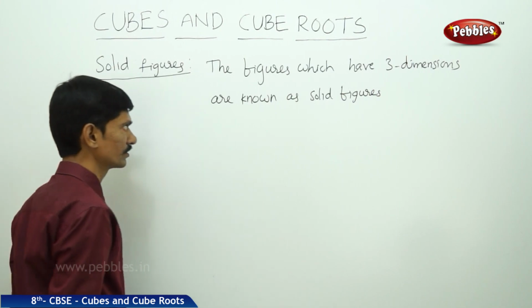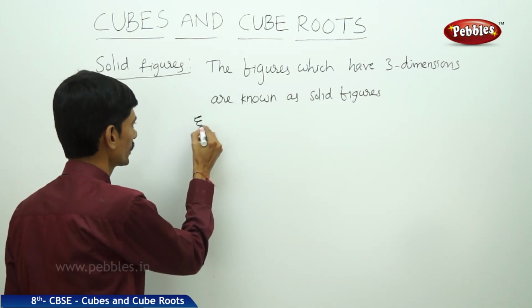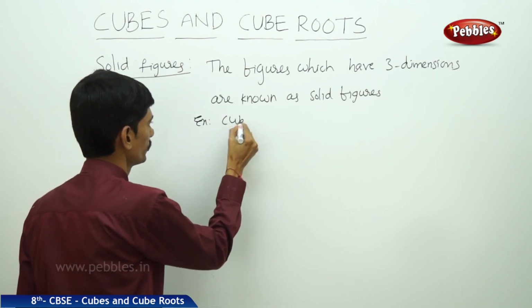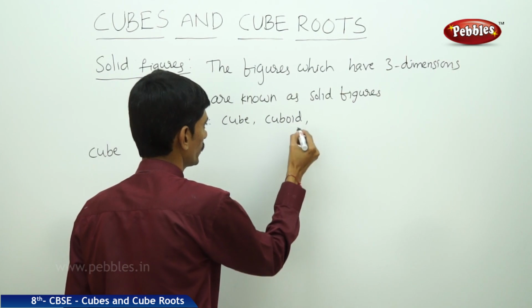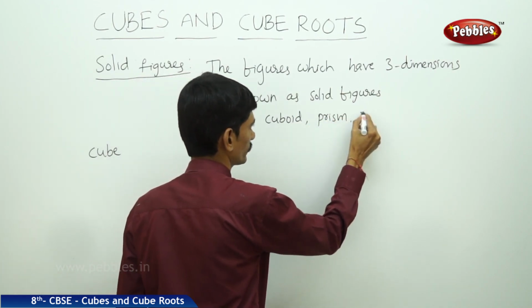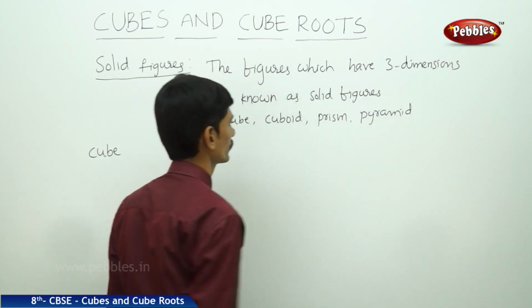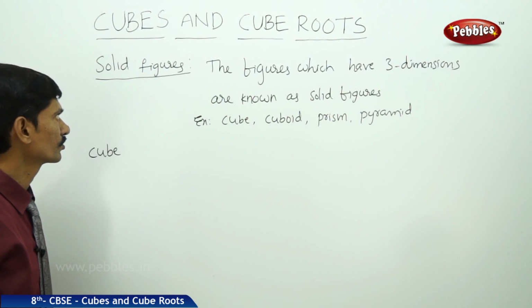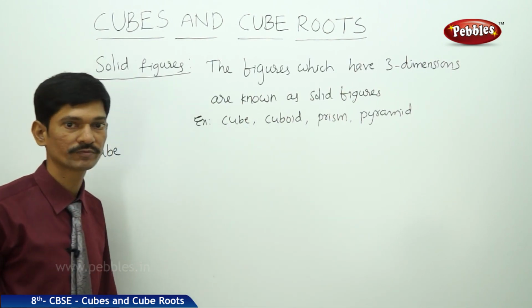Three dimensions means length, breadth and height. Examples of solid figures: cube, cuboid, prism, pyramid and so on. These are all solid figures because these figures have three dimensions like length, breadth and height.